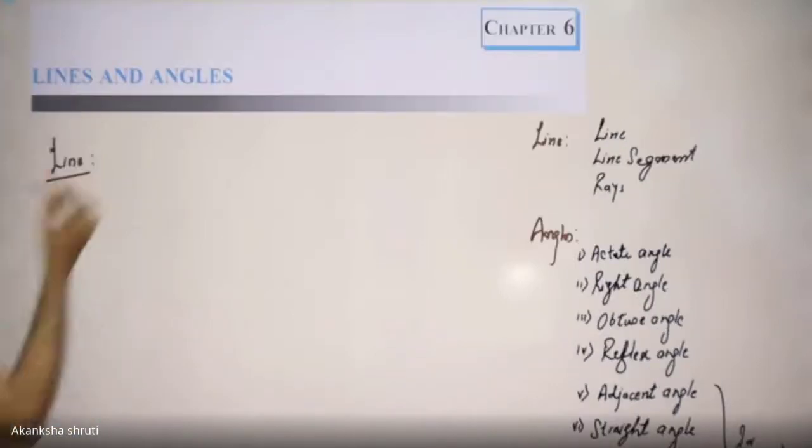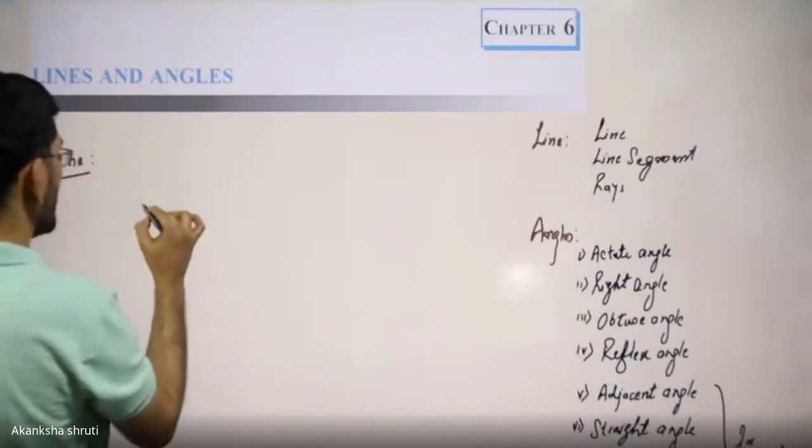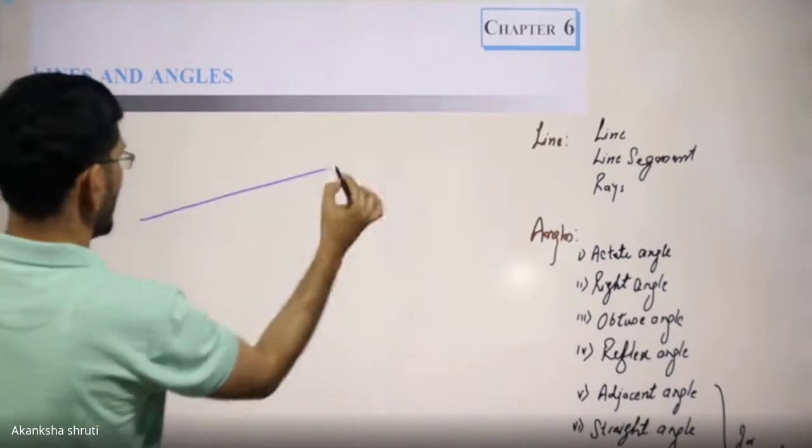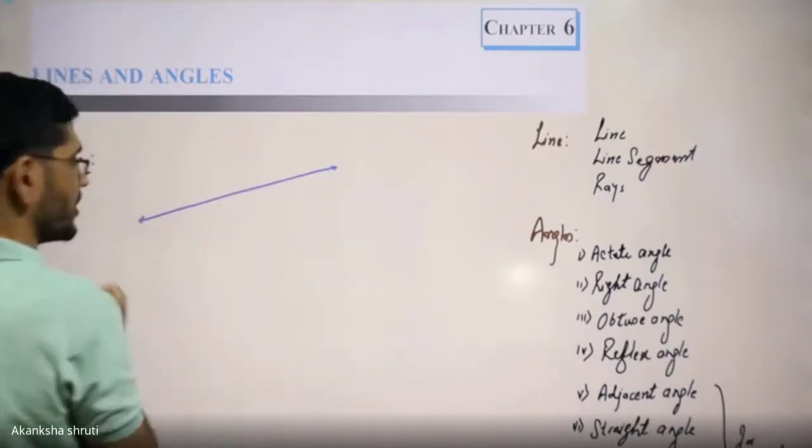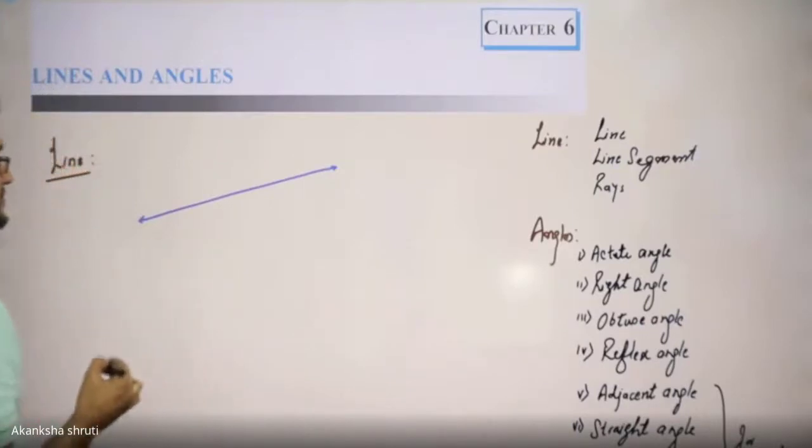We have learned that the line is a collection of points. Here line simply means it is a collection of points, and we will focus on the straight line.